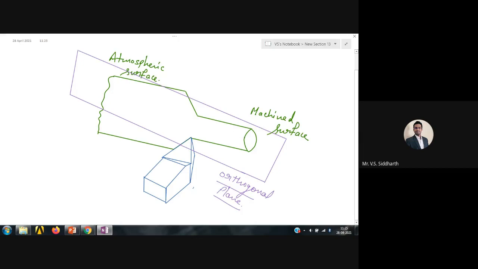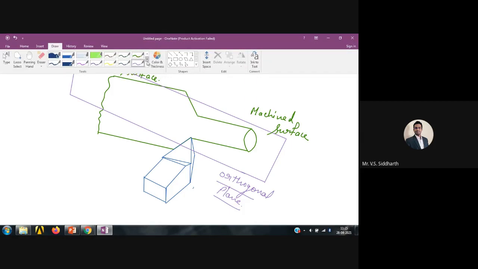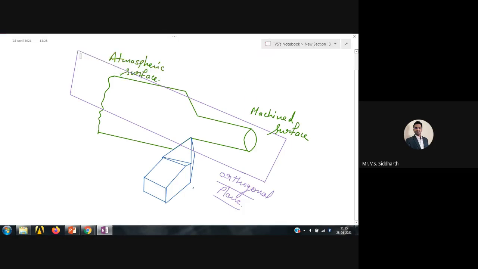Will you be able to see this machined surface? Tell me. Orthogonal plane means this entire plane will cut this much of the part. Okay, so this is the plane through which I am cutting it.